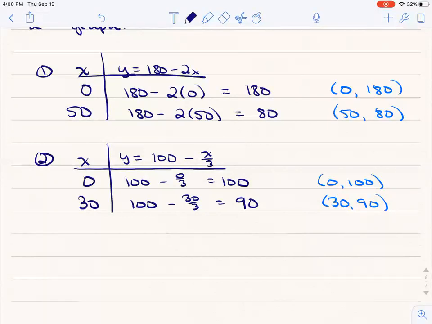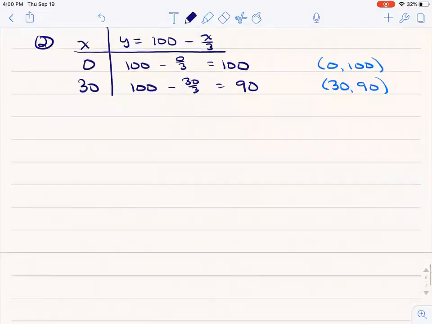Okay, so now we're ready to draw this, and our y-axis has to go to at least 180. I'm going to be making each line worth 20 units, so I'm going to have 1, 2, 3, 4, 5, 6, 7, 8, 9 lines at least, so we'll have room for 10 lines of graph.